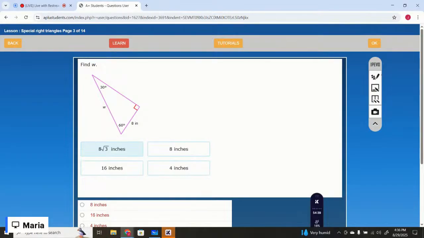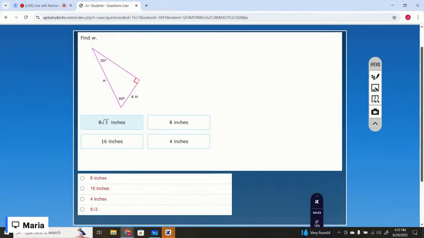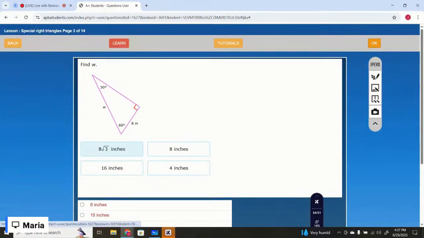Find W. That is 8 square root 3. Option number 4 is the correct option.